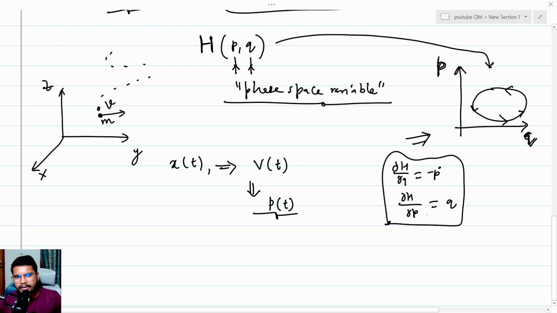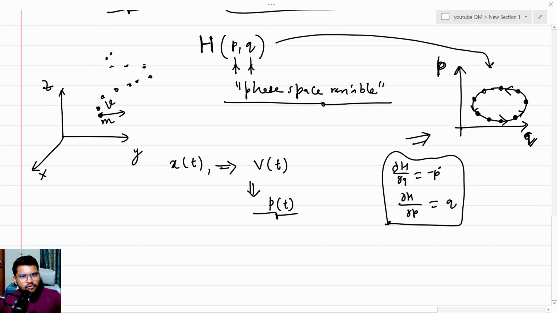And from there we can devise how these quantities are going to change, right? We will construct a dynamical phase space, and whatever we see in the phase space will actually tell you how this particle is going to move in your general space.